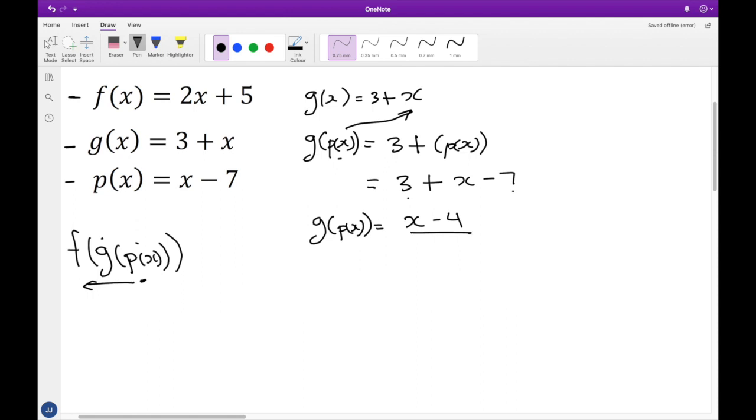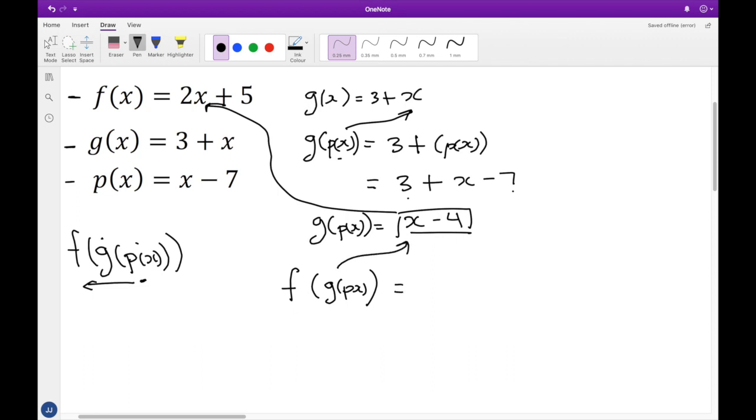And now I'm going to put that entire thing, x minus 4, inside of the f function. So the f of the g of the p of x, right? Remember, this here is the g of the p of x, so that would be the f of x minus 4. So I'm substituting the x minus 4 in the f function.